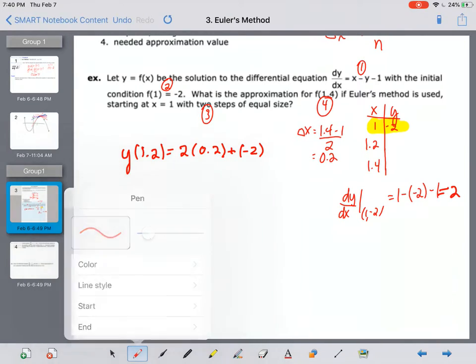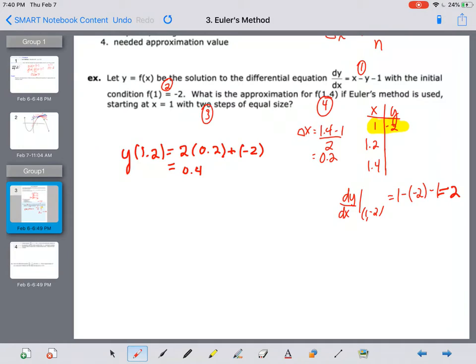Okay. And then after that, it's just about doing calculations. So 2 times 0.2 gives us 0.4, minus 2, and we get negative 1.6. So that's the new y value when x is 1.2.